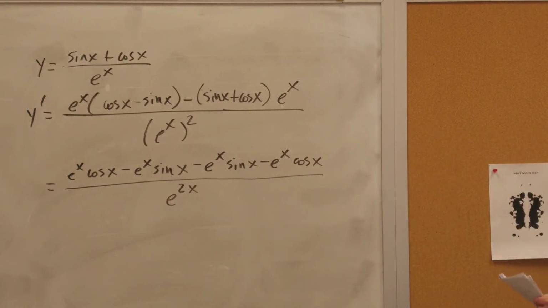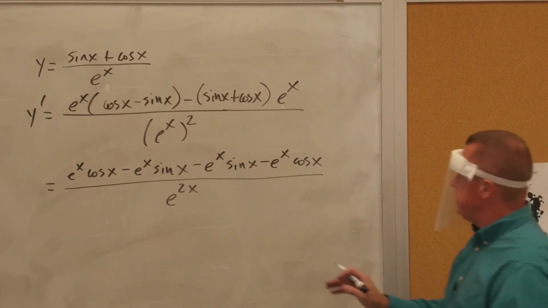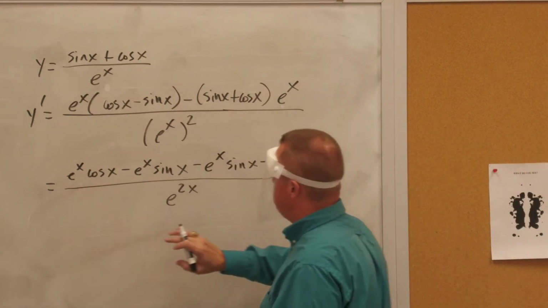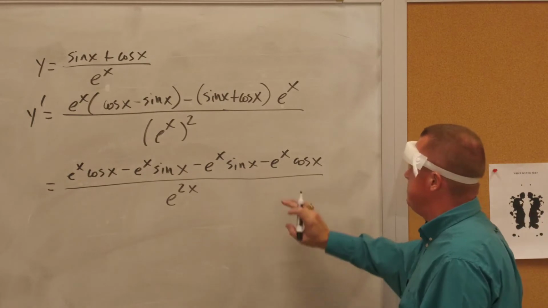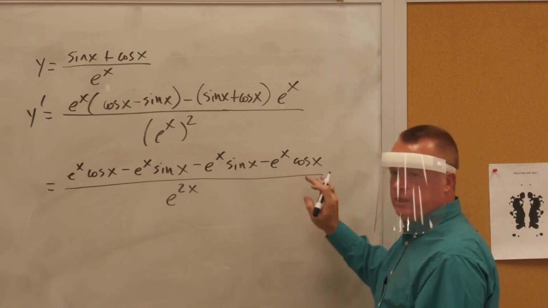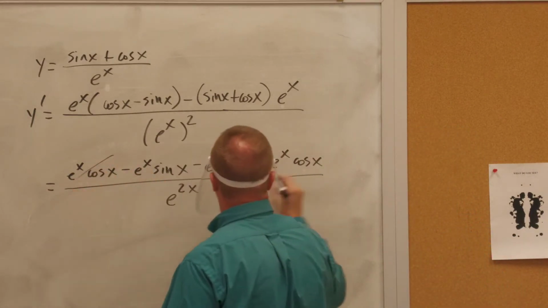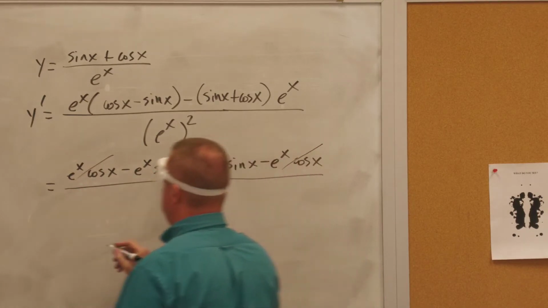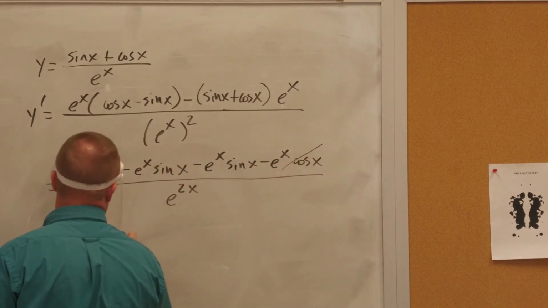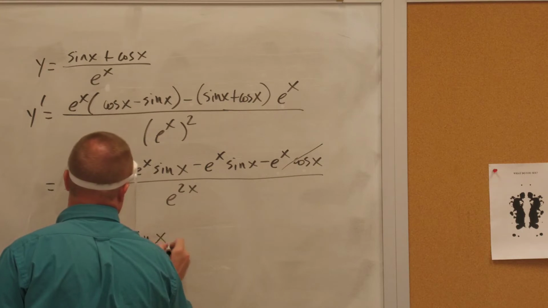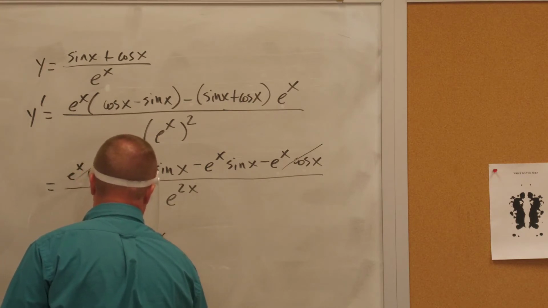Now notice I've got e to the x times cosine x minus e to the x times cosine x. So those will subtract off. And then I will have negative 2 e to the x sine x over e to the 2x.